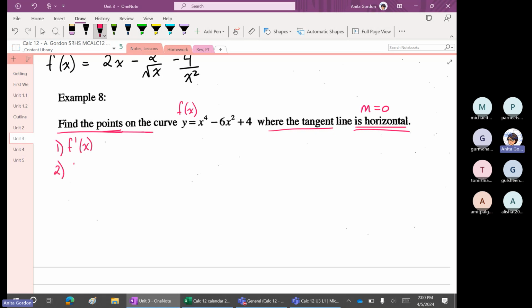You are going to find what makes f prime of x 0. And then you're going to plug those values into the original function, and that should give you coordinates. You are going to decide how many coordinates that should give you. And I would leave the coordinates in exact form. They're not perfect numbers, but just leave them in exact form. Okay, so take a moment with your peers, sort that out.